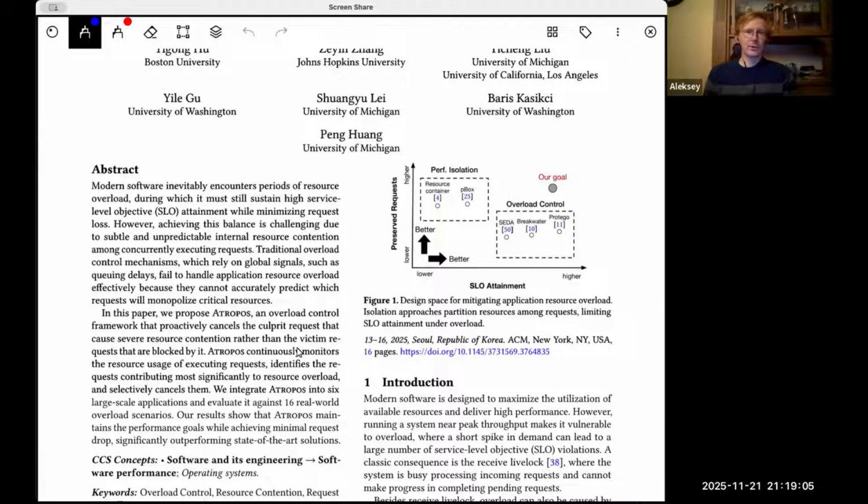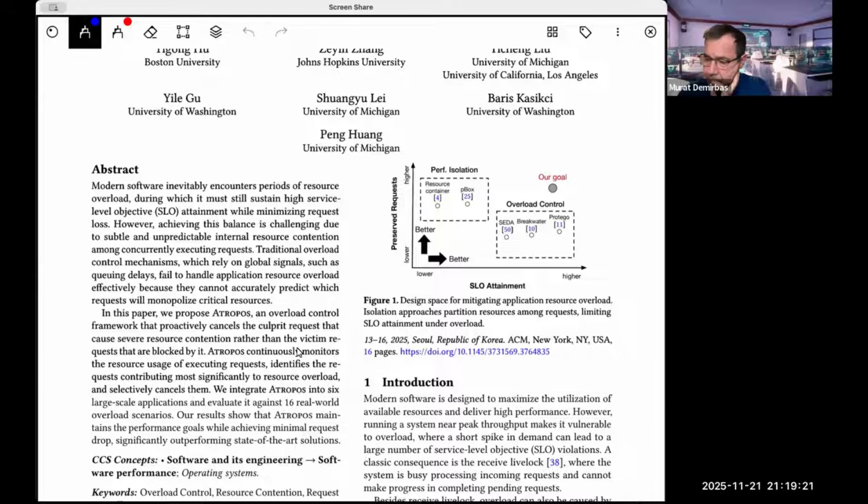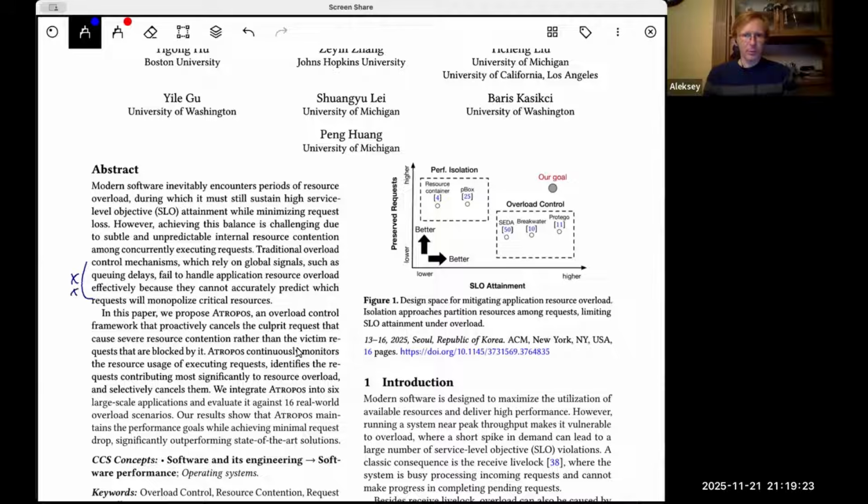Traditional overload control mechanisms, which rely on global signals such as queuing delays, fail to handle application resource overload effectively because they cannot accurately predict which requests will monopolize critical resources. In this paper, we propose Atropos, an overload control framework that proactively cancels the culprit request that causes severe resource contention rather than the victim requests that are blocked by it.